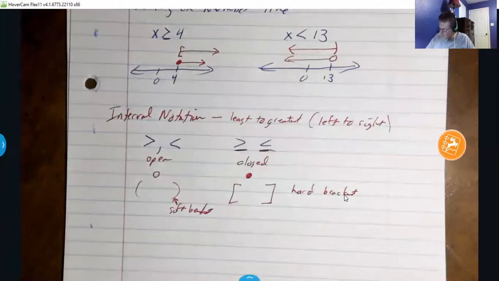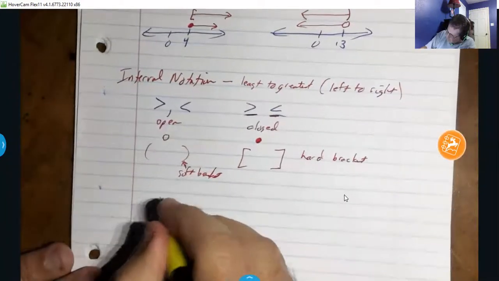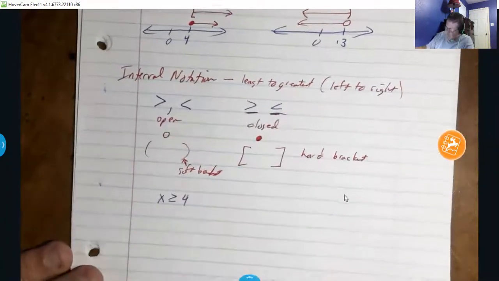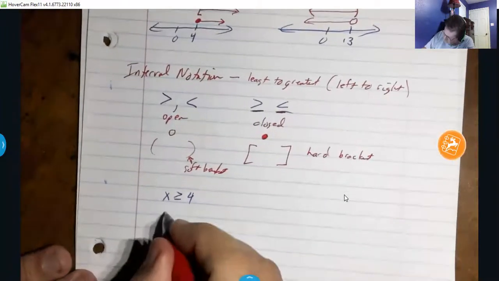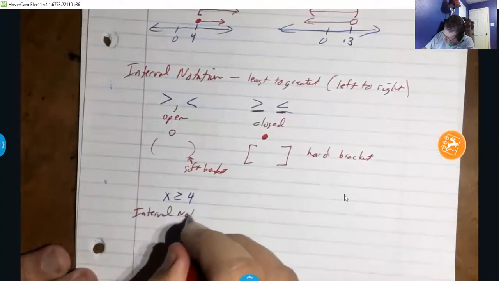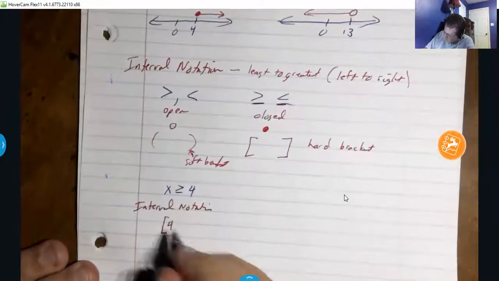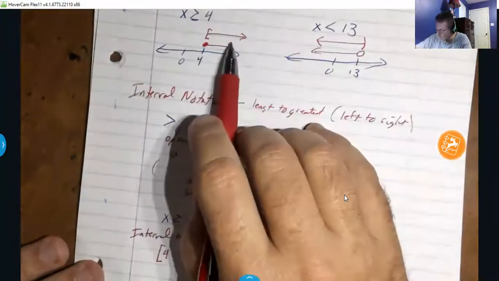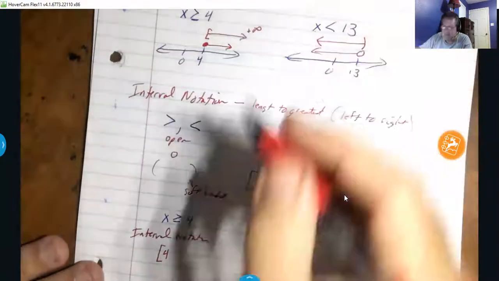Now, the way we would actually bring down here and show interval notation, if I give you x is greater than or equal to 4, the interval notation would be a hard bracket of 4, and this arrow, when it goes to the right like so, that's known as positive infinity.